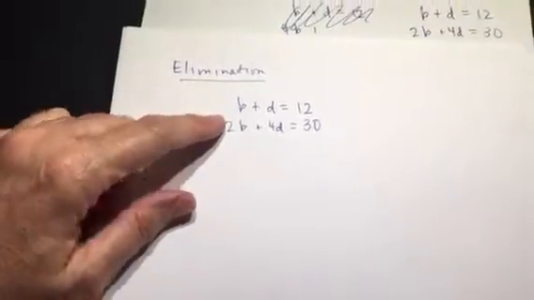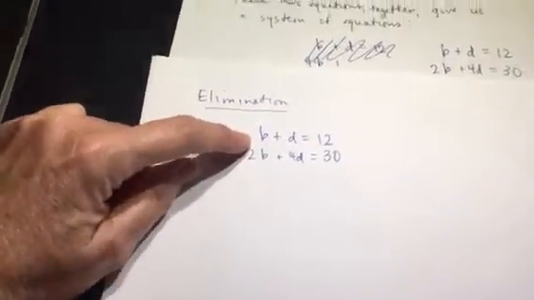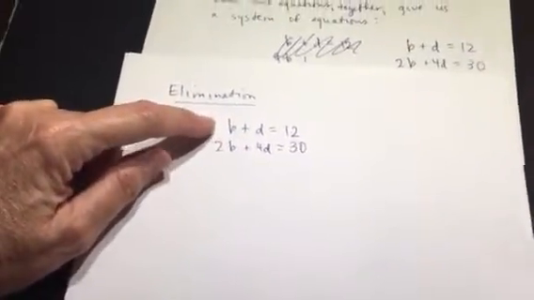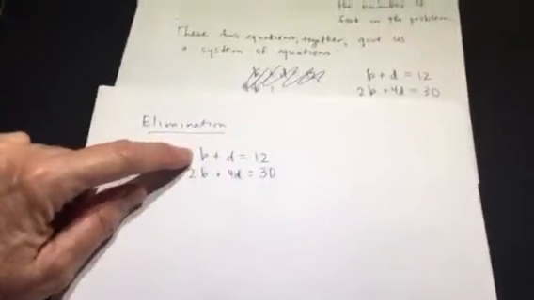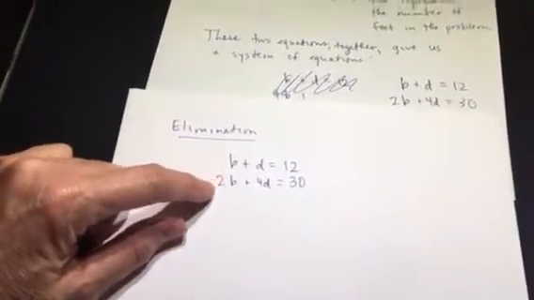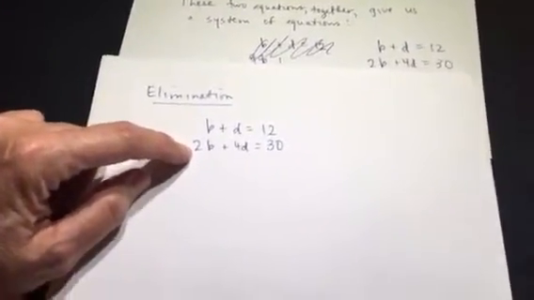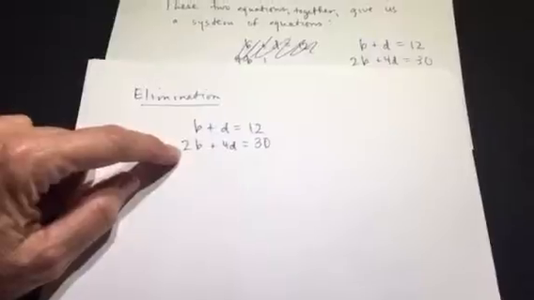Okay, I could multiply the top equation by -2, and then that would give me -2b. It would give me some other stuff as well, but I'd have -2b, and with the bottom equation being 2b, I could add them together and I get rid of the b's.